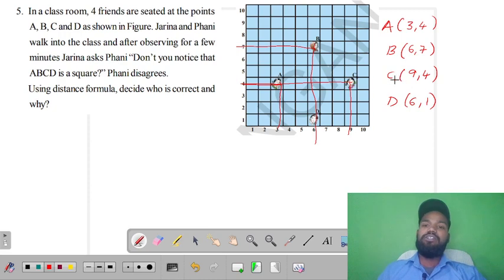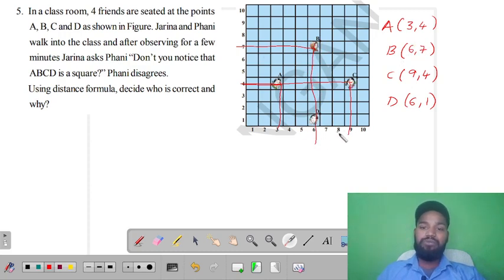These are the points, so don't get confused by finding the points. A is at (3, 4), and this is B. I am highlighting this one. B is (6, 7).